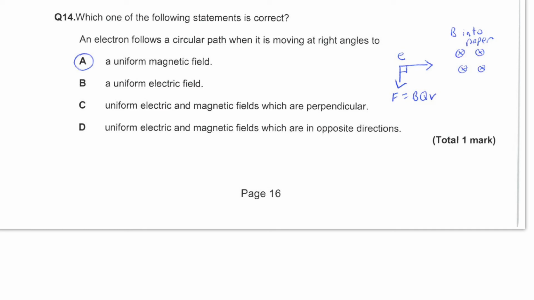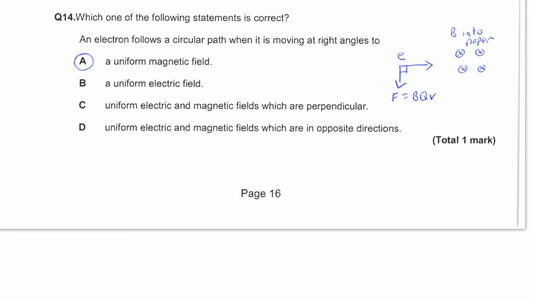And if you make them exactly equal and opposite, you can make a particle go straight on. And that can be used in a velocity selector, as the size of the magnetic force depends on the velocity. And that is part of a mass spectrometer that you have come across.